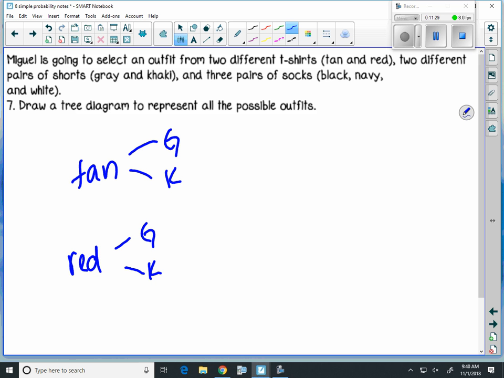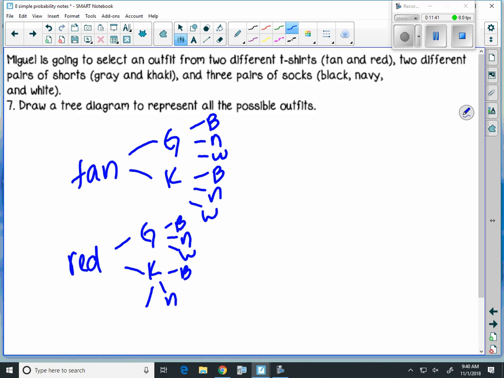Socks. Black, navy, white. Okay, there's your tree diagram. That was a pretty short one. Mine's not the most beautiful, but that's okay.